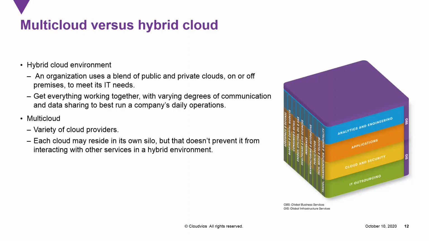And when we talk about a hybrid cloud environment, it's a normal cloud environment wherein you have just your data center and one cloud. Instead of having multiple cloud vendors, you just have a dependency on one.